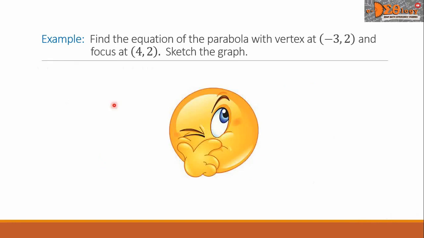Let us see this example. Find the equation of the parabola with vertex at the point (-3, 2) and focus at (4, 2). Sketch the graph.